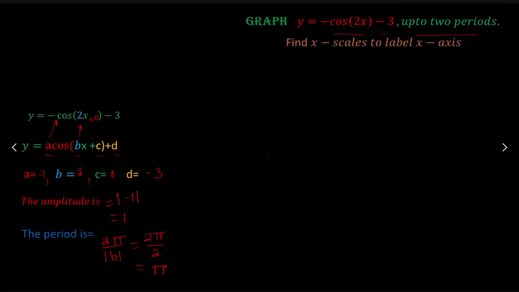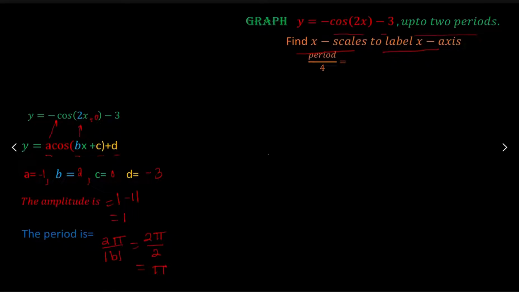In order to do a nice graph, we need to label or find the x-scales. So let's find the x-scales. How are we going to do them? In our class, we always divide the period for sine and cosine into 4. The reason for that is because sine and cosine reach their period after 4 values.